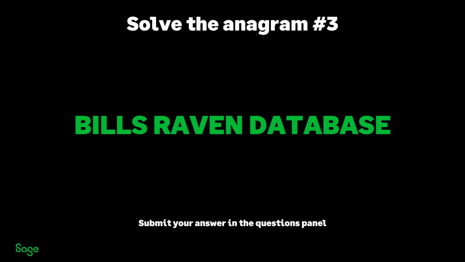I'm not sure who Bill is and what he's interested in, or what the ravens outside his house are, but he obviously keeps a database of them. So Bill's Raven database, what does that relate to in what we've covered this week? If anything springs to mind, pop it into the questions panel. Let's give you a little while. It's a bit more of a difficult one, I thought.